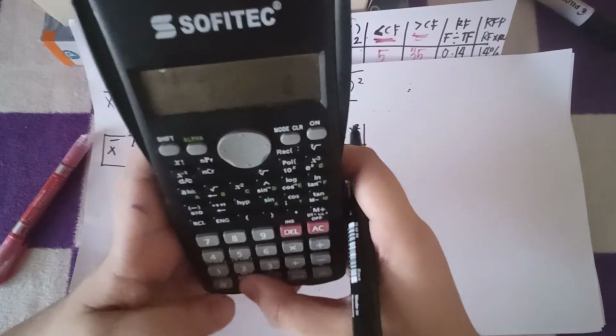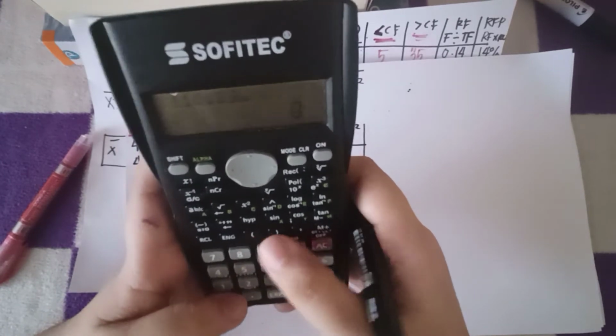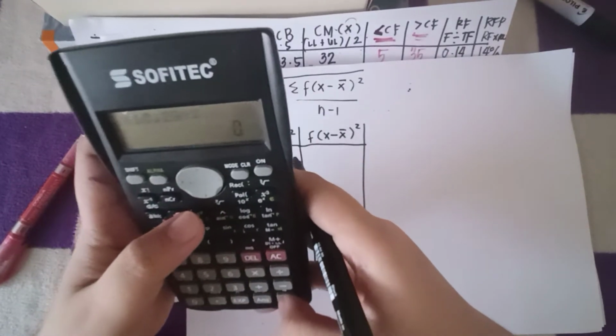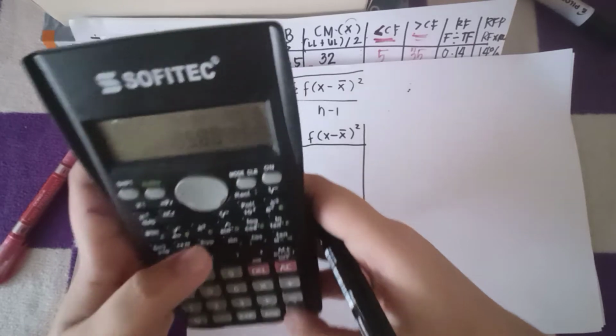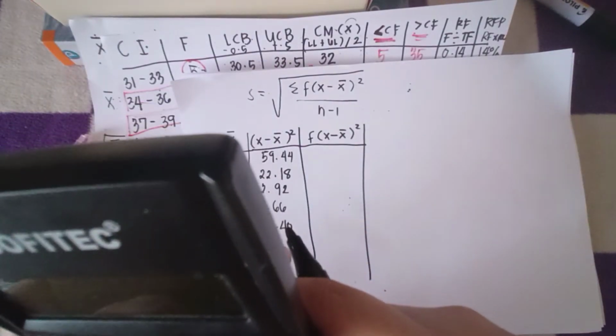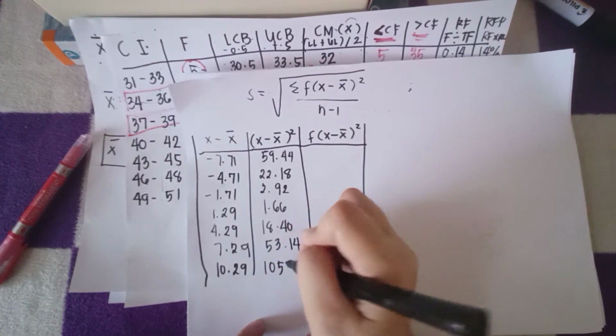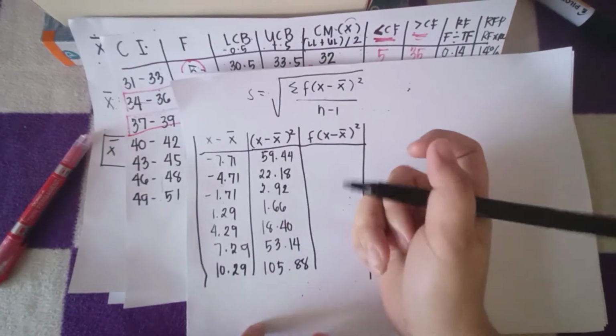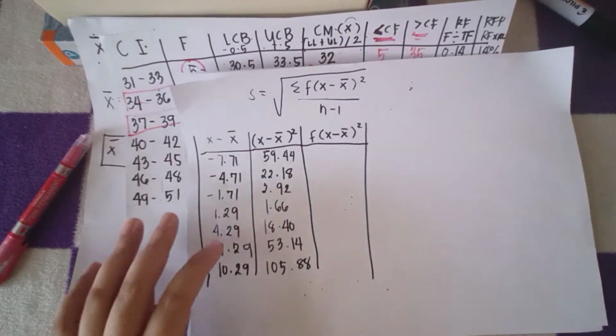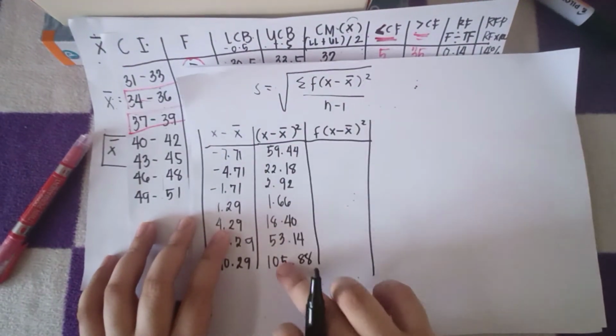Next, 10.29 squared, 105.88. So, there we have it. Square nyo lang.